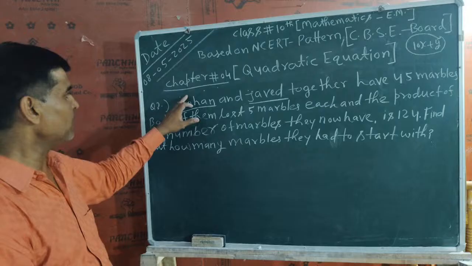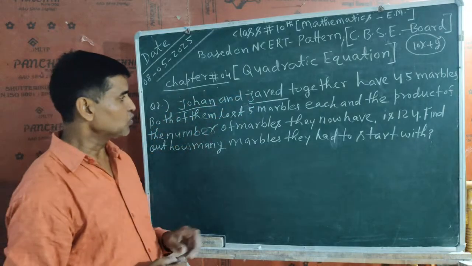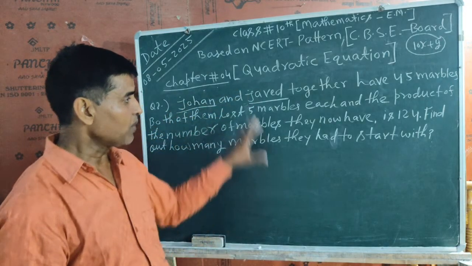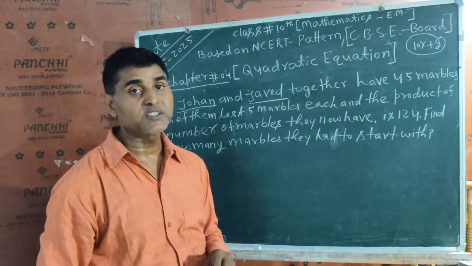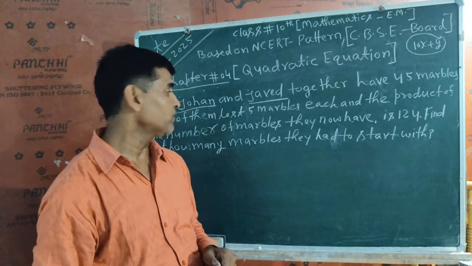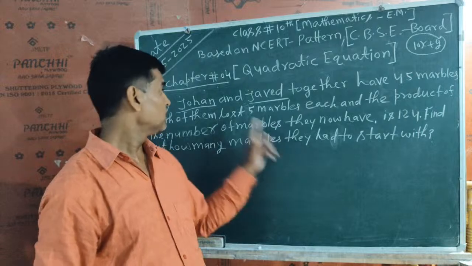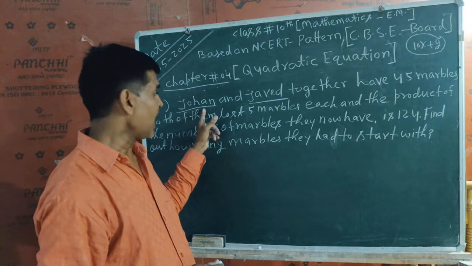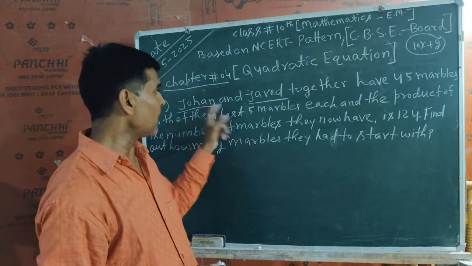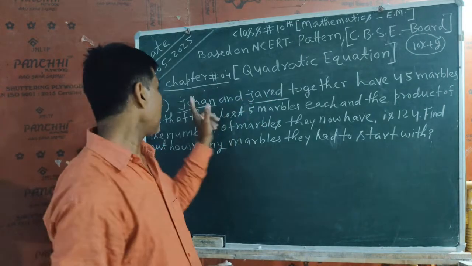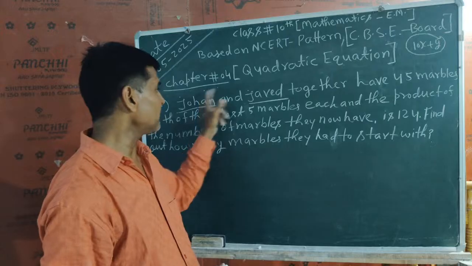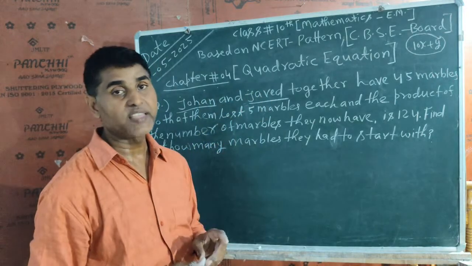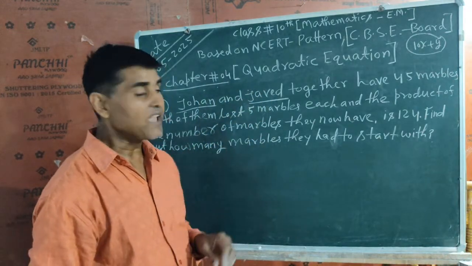One is Johan and the other is Javed. After reading and simplifying we will get the value of both: how many marbles Johan had and how many marbles Javed had. Both values I have to calculate.